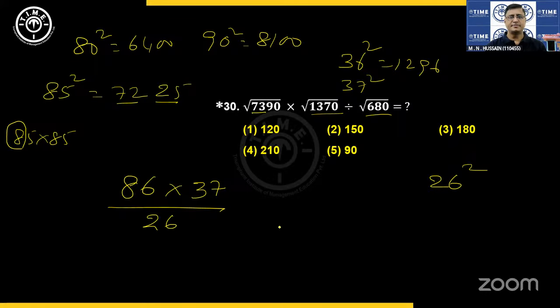Now simplify. Now what is the cancellation? Here 13, 2 times, 13 approximately 3 times. 3 times of 13, 39. But here 37 is given approximately. Now what about 2? 2 here 43 times. 120 plus 9, 129. So what is the nearest value here? 129. The right choice is option 1. First choice is the right answer.